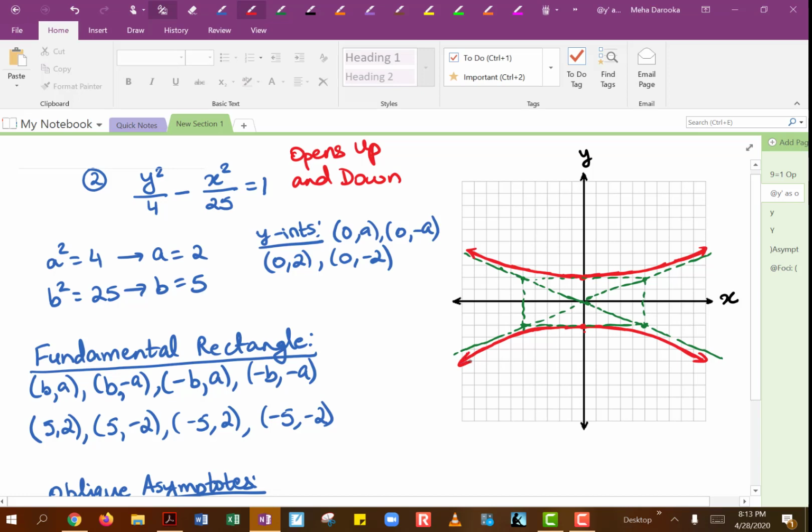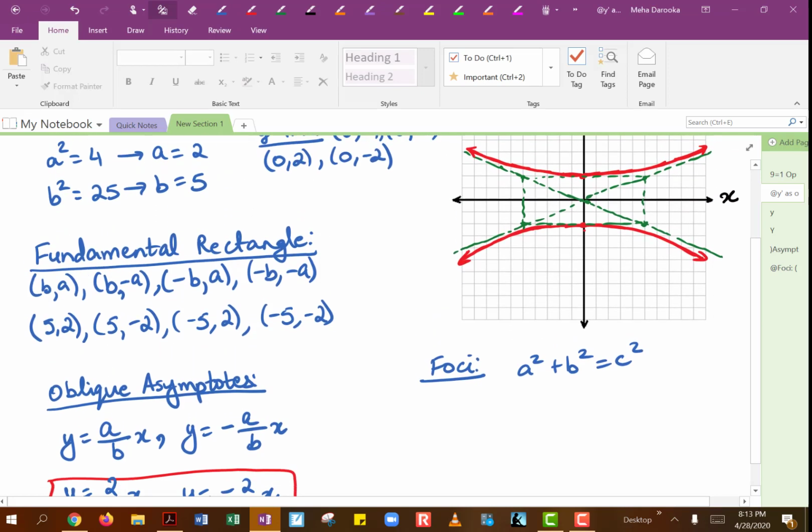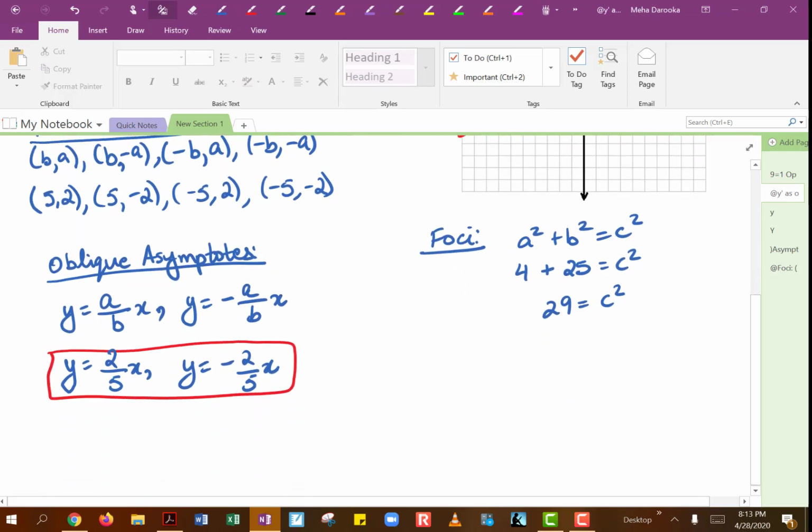Now the very last thing we have to do is our foci. So let's take a look at that. Again, a square plus b square equals c square. Our a square value is 4, b square is 25, which will of course add up to give us 29. And then we take the square root on both sides.